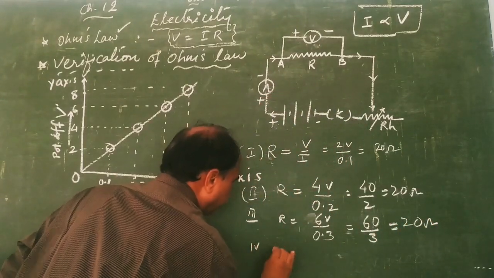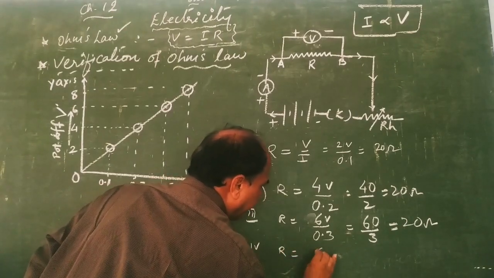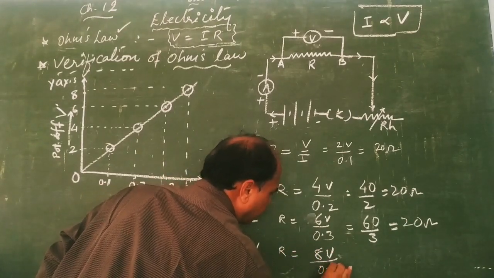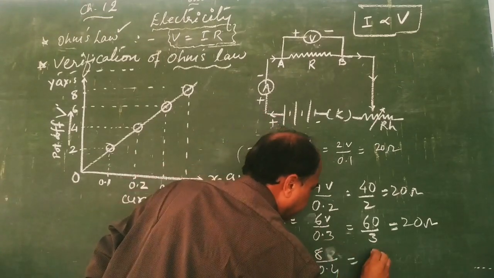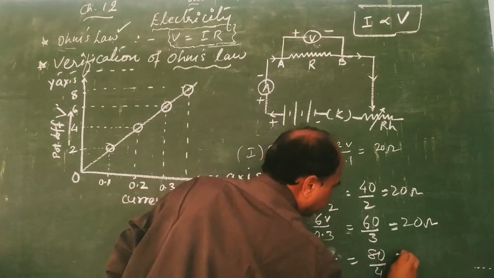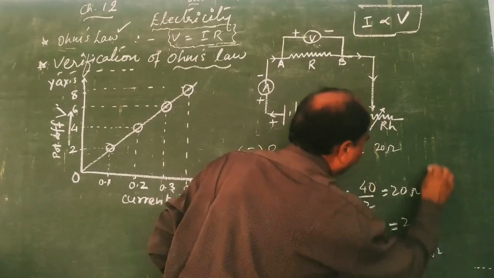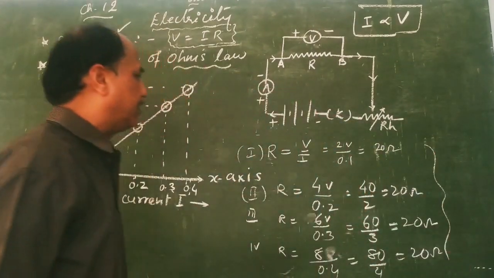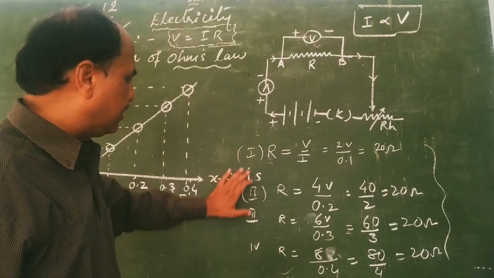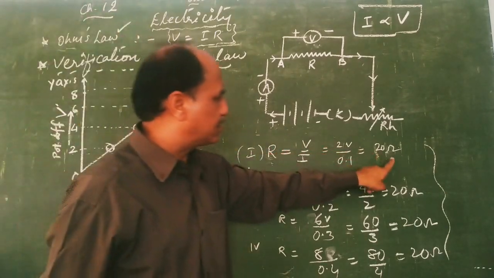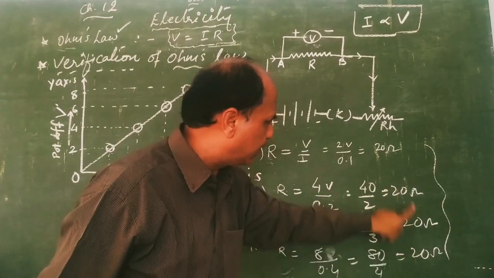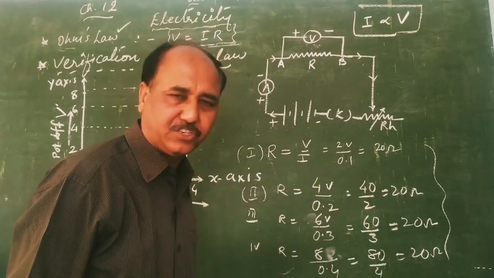Fourth one, R is equal to 8 volts divided by 0.4 ampere, and this becomes 80 upon 4. So if you look at the resistance obtained here, that means the resistance is constant. All the readings are 20 ohms, 20 each.